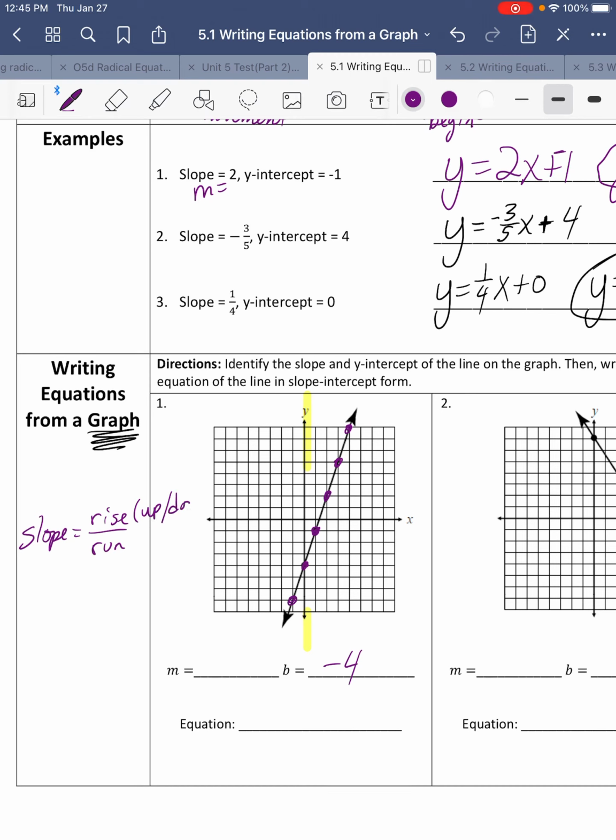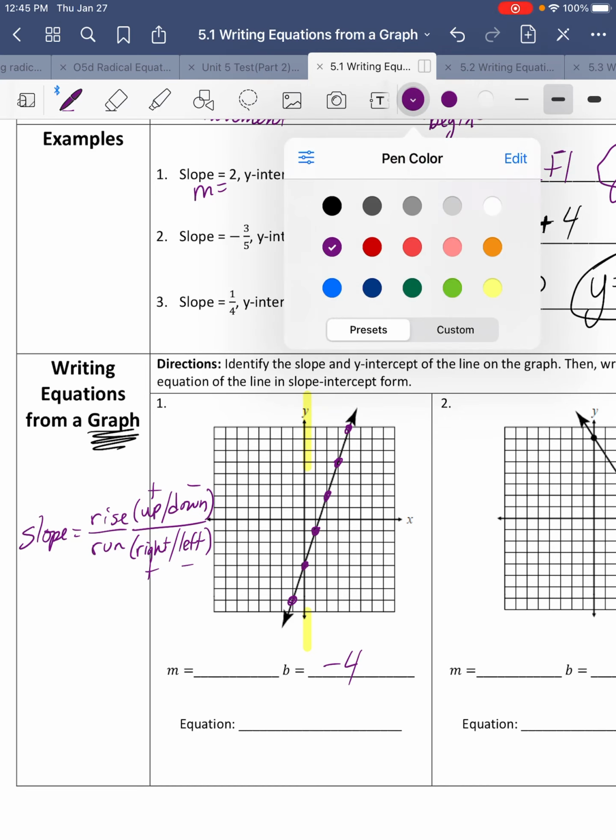So rise is up or down. Up is positive, down is negative. Run is right and left. Right is positive, left is negative. So I'm going to pick from one coordinate to the next.